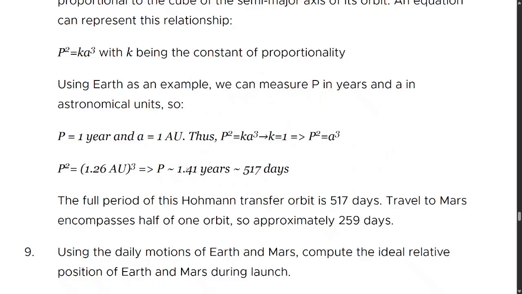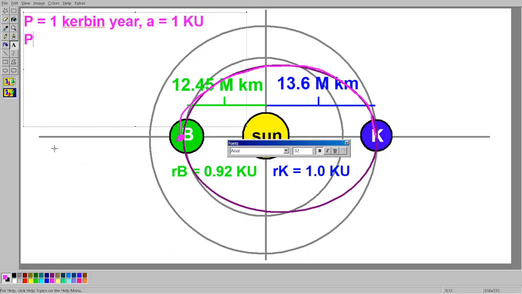All right, so now p squared is equal to k times a cubed. K is equal to 1. So p squared is equal to a. Oh, sorry, it's a cubed. Okay.